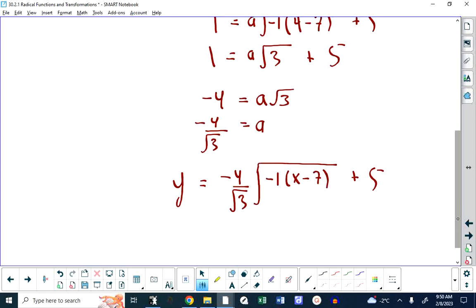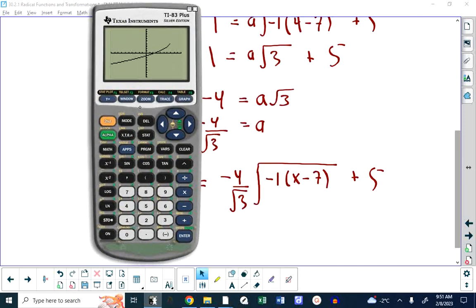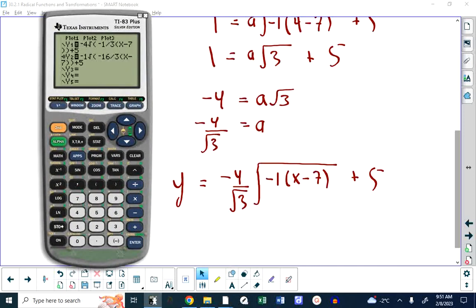If I graph that, it should be the same graph again. So I am going to put in -4 divided by the square root of 3. I got to close the brackets on that square root. Multiplied now by the square root of -1 times in brackets x minus 7. Close the brackets on the x minus h.